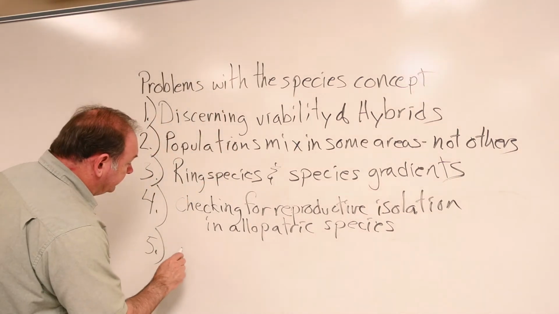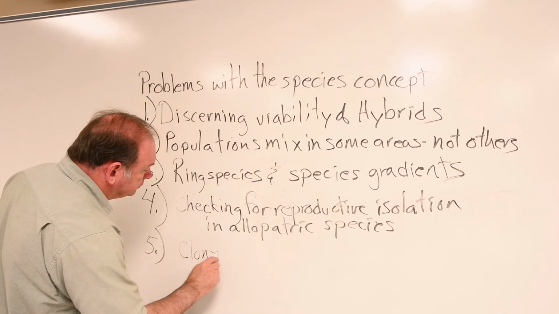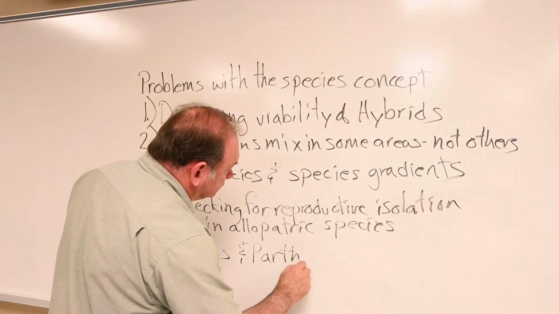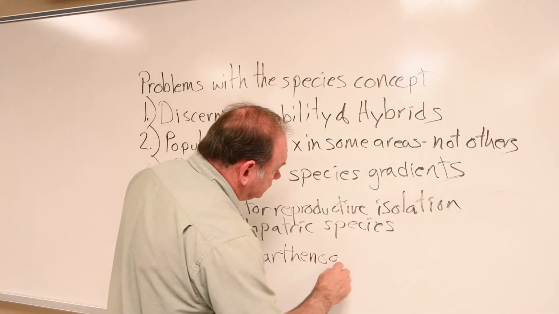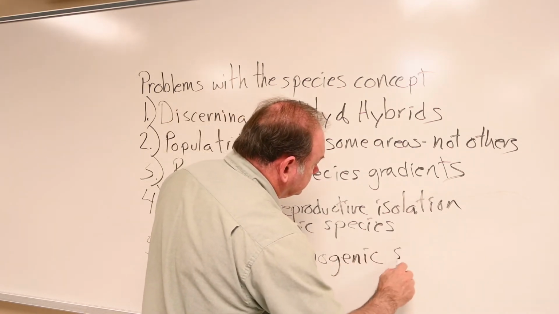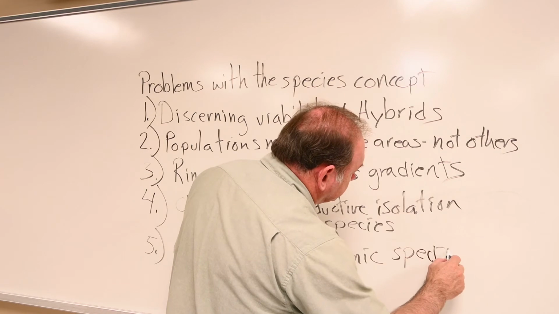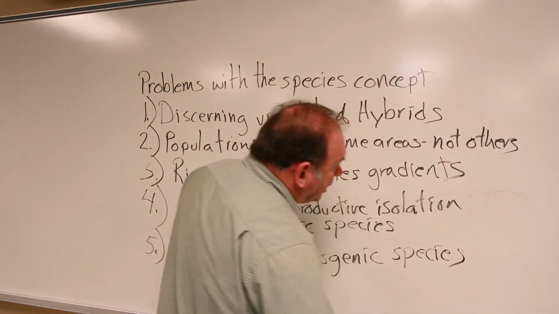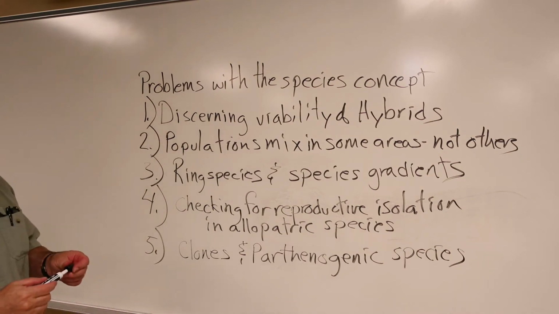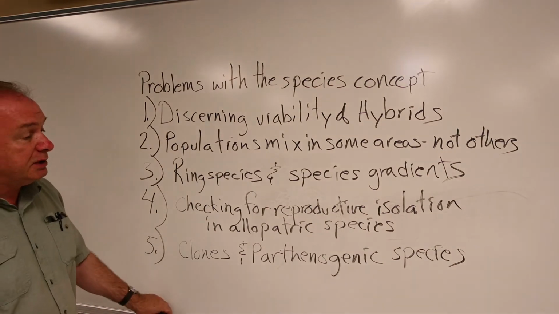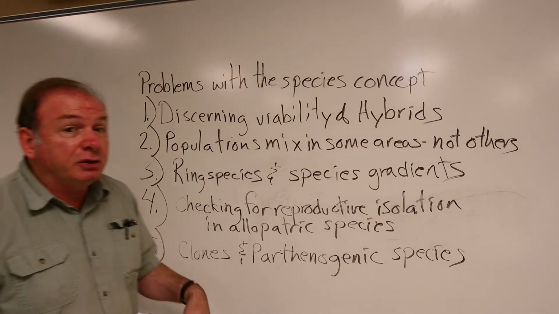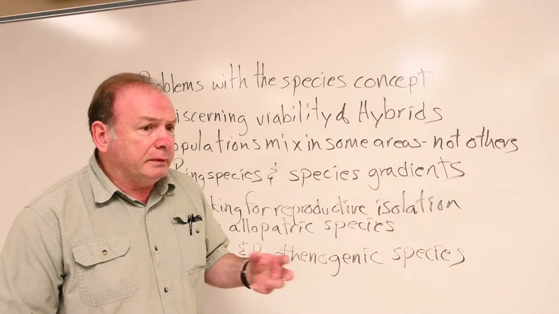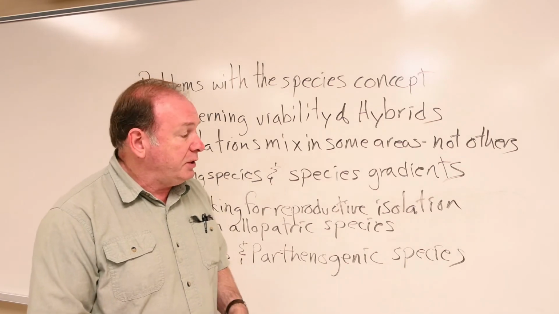Number 5. Clones and parthenogenic species. These things do not reproduce sexually. They do not have the exchange of genetic information.